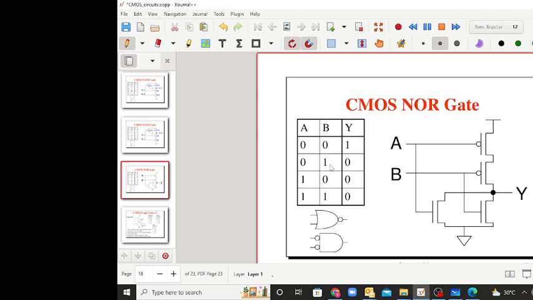For 0 1, only one of them is on, so you will not get it. But here any one of them being on means you will be getting a 0 over here. So for all the other 3 cases, you will be getting a 0. If you understand which transistor is on, whether NMOS is on for an input gate voltage, or PMOS is on, you will be able to draw the circuit.